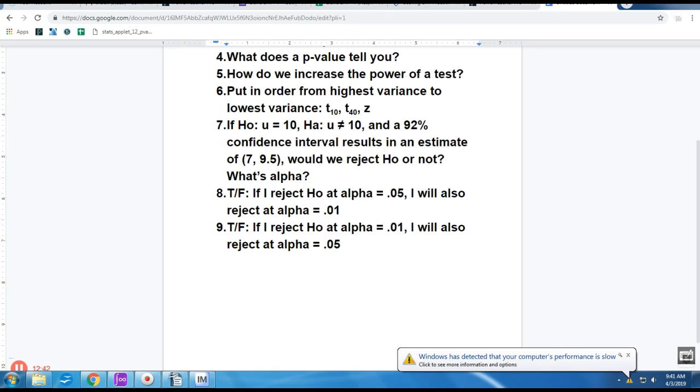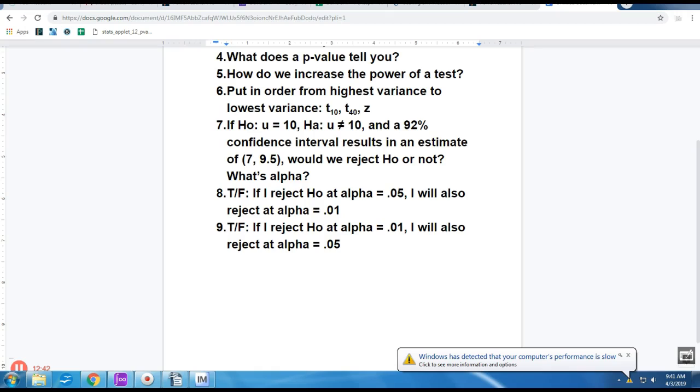These last two are, I think, a little easier. If I reject H0 when alpha is 0.05, what do I know about my p-value in this case? If I rejected H0, what's true about my p-value? It's lower than 0.05, right? That's why I would have rejected. If it's lower than 0.05, is it automatically also lower than 0.01?